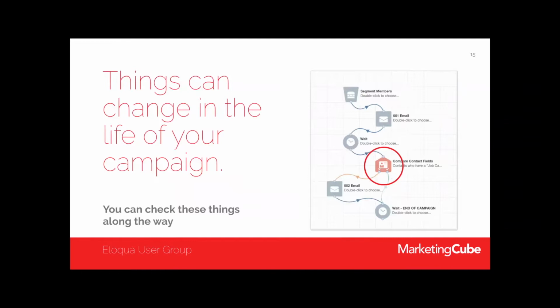So the compare contact fields step or element on the campaign canvas is a really handy way for you to check additional information. Now, there's also a step available where you compare fields on a custom data object as well. So if you do have another system or another database attached, you could also compare custom object fields.